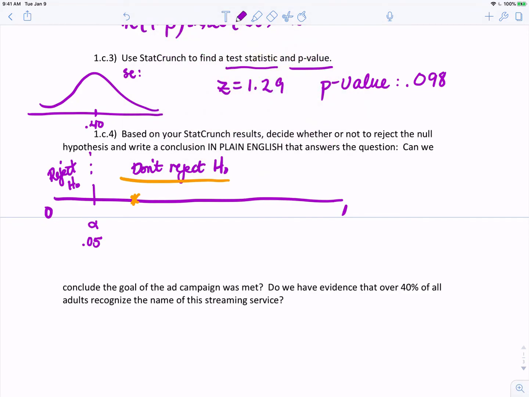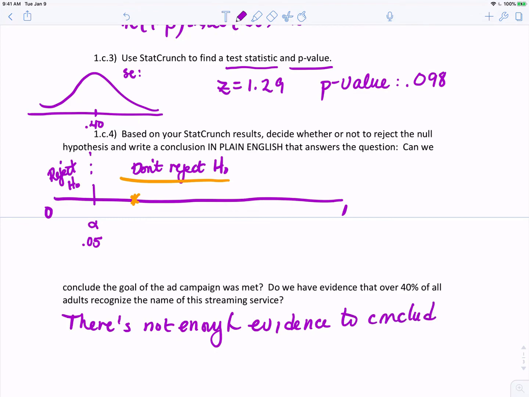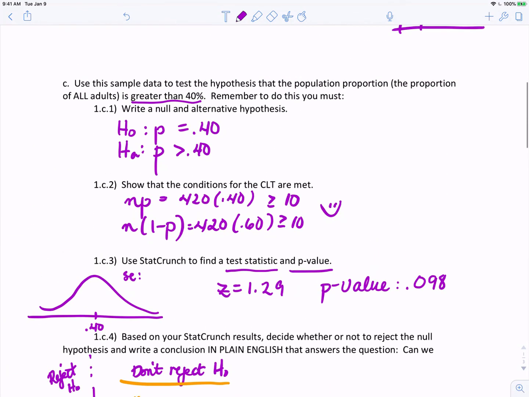So don't reject the null hypothesis. That means there's not enough evidence to conclude. And we always write our conclusion about our alternative hypothesis. We cannot conclude that was true.